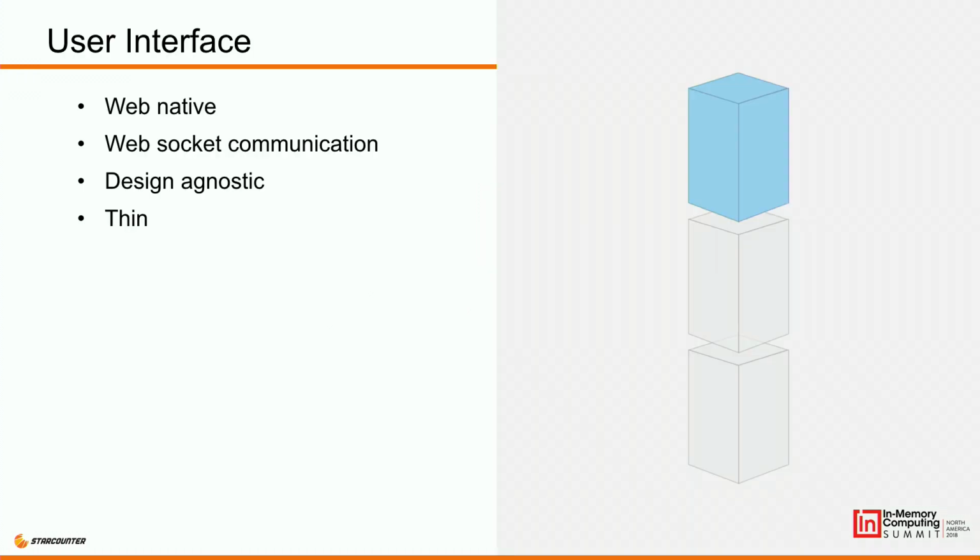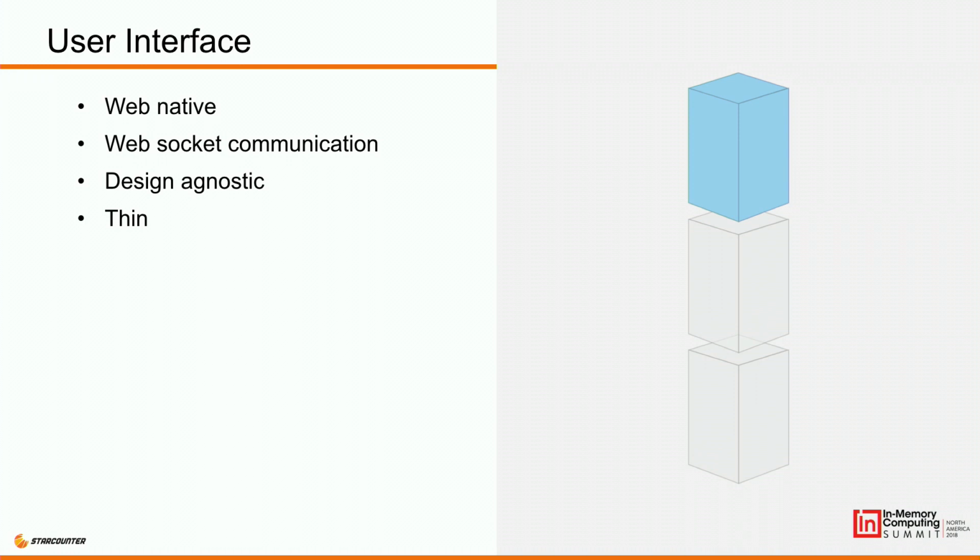Regarding the last layer of the self-contained application built on StarCounter, it's web native, as I mentioned before. It communicates usually over WebSocket, even though you can create other interfaces like a REST interface, of course, and also code some interface on raw TCP or UDP protocol. That's also allowed.